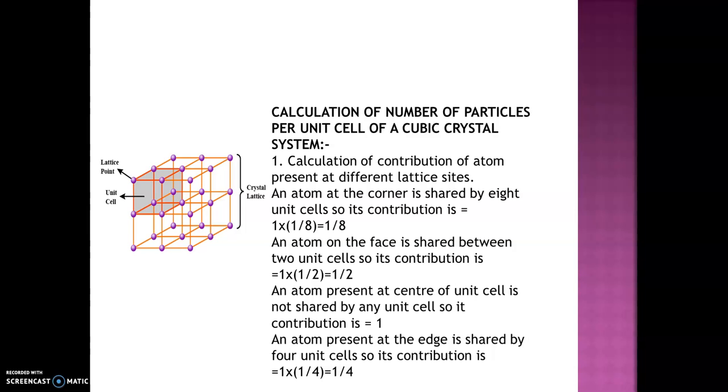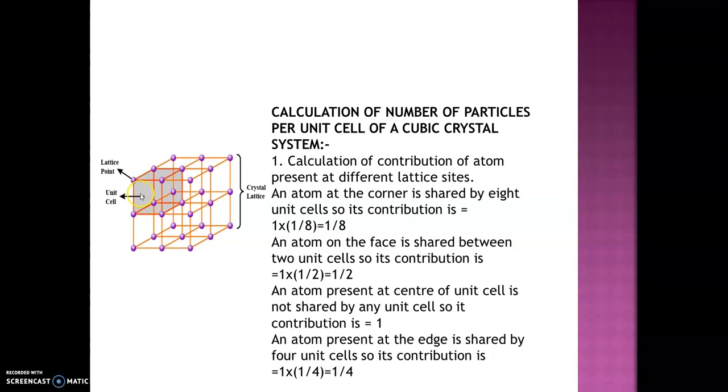And how do we calculate the number of atoms per unit cell? For that there are several things. An atom at the corner is shared by 8 unit cells. If you observe an atom in the corner, it will attach with 8 other unit cells.